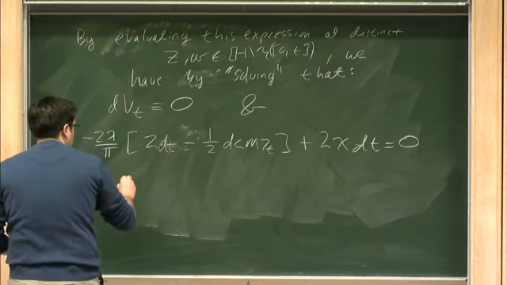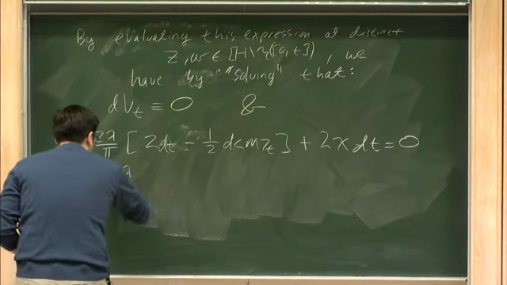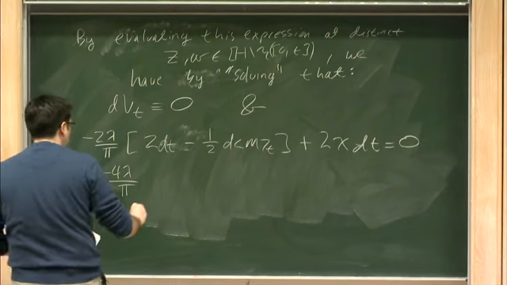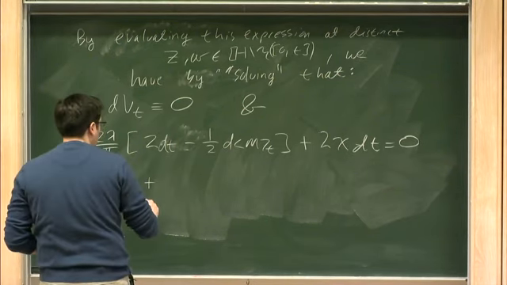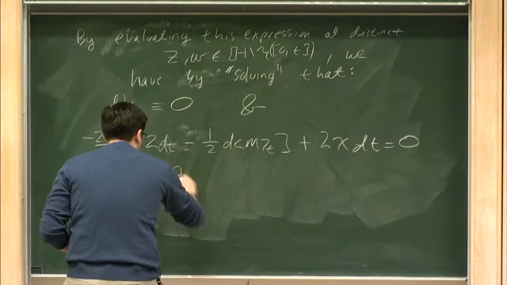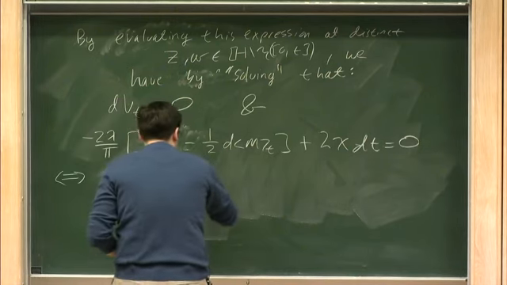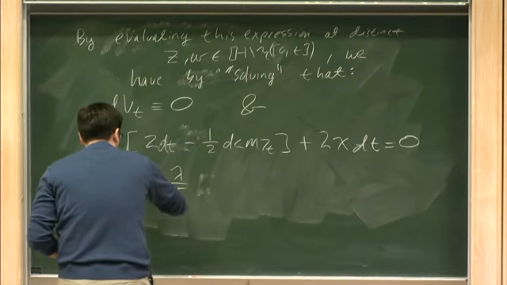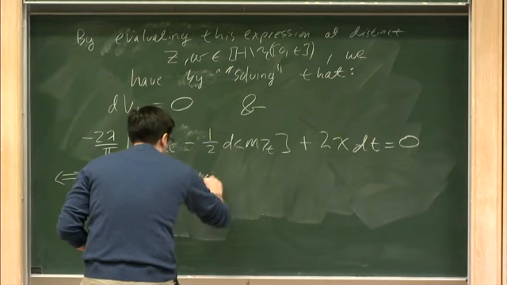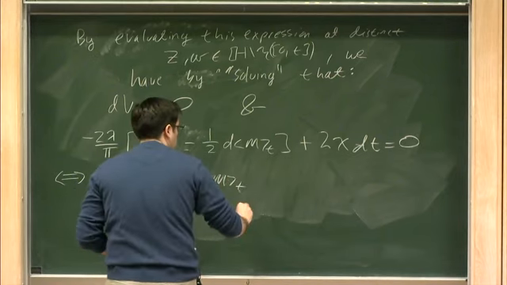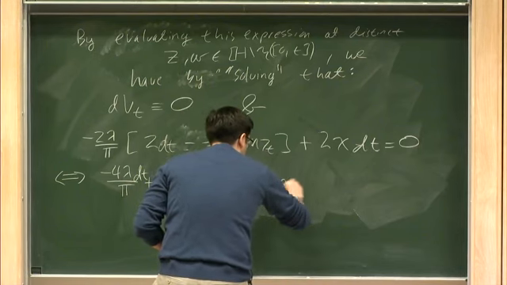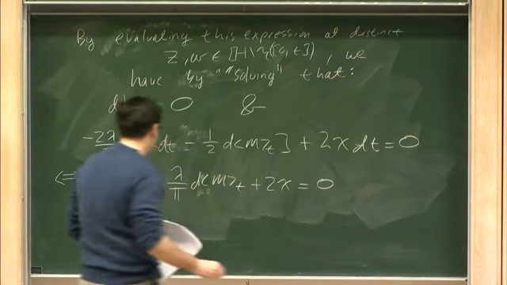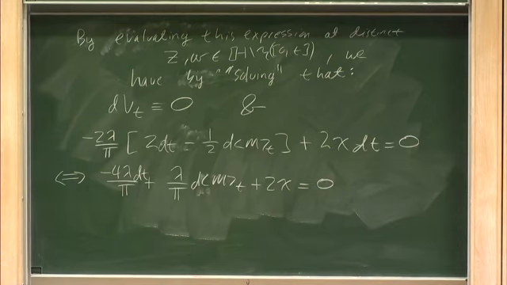So this tells us that minus 4 lambda over pi plus lambda over pi, sorry, let me keep the dt's, so times dmt plus 2 chi is equal to 0.